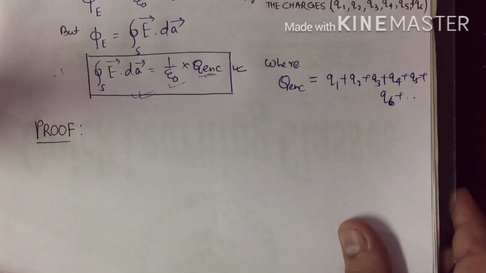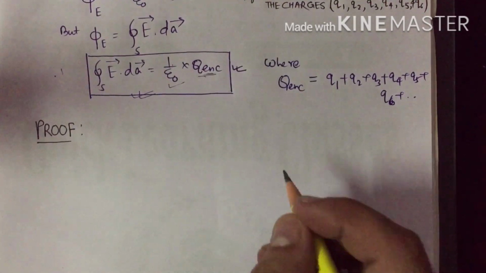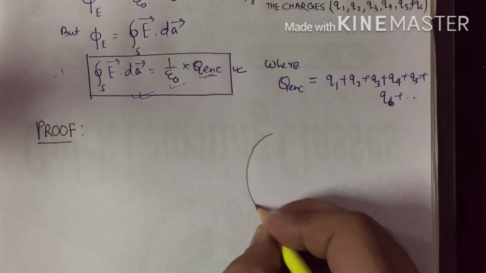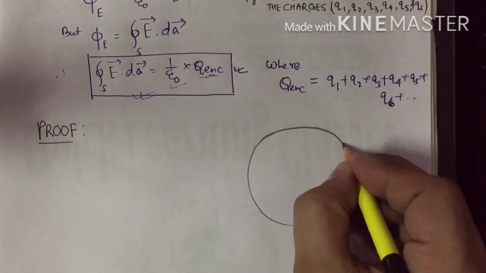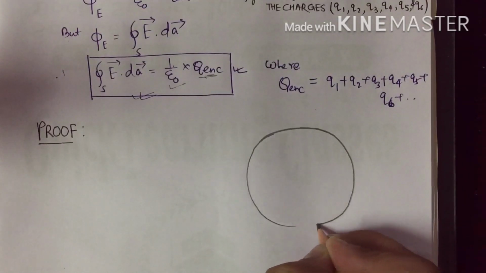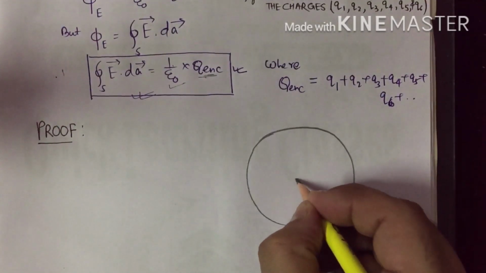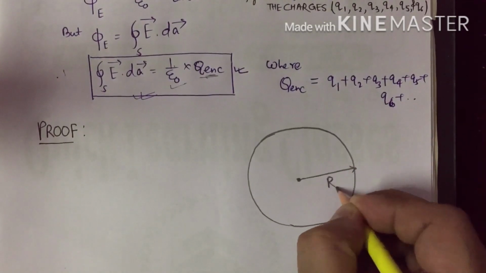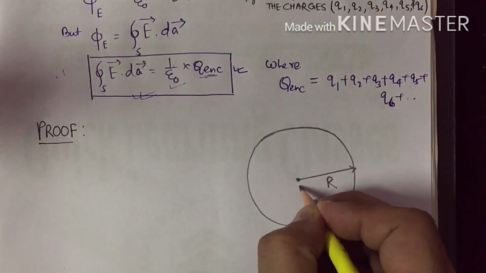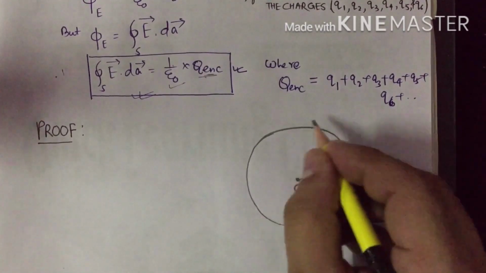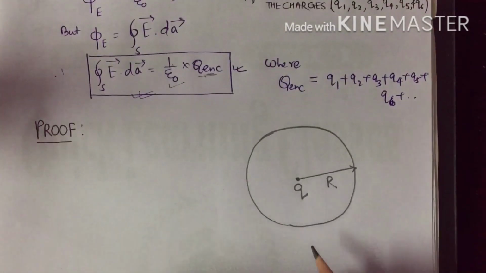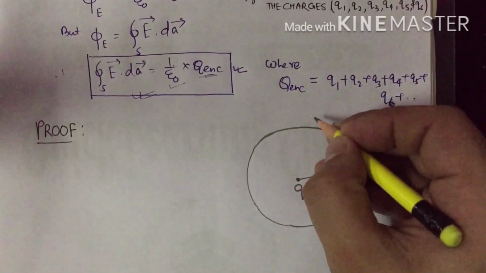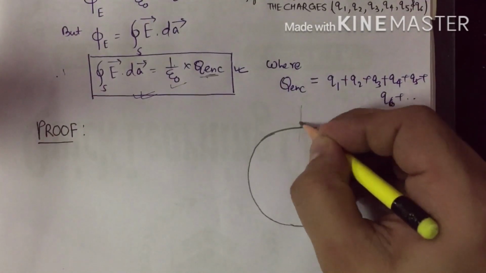Just for simplicity, consider a sphere of radius R. Let us assume that there is a charge Q at the center of the sphere, such that the electric field lines are perpendicular to the surface.